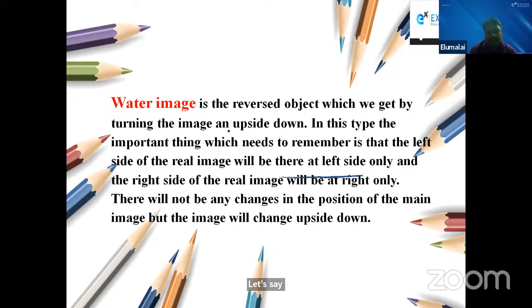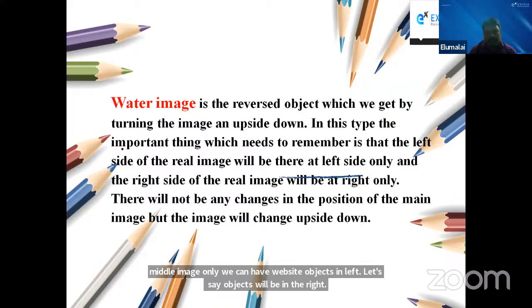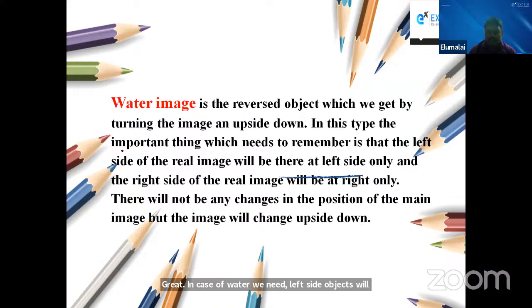Understand this difference. In mirror image, left side objects will be in right. In case of water image, left side objects will be in left side itself, right side objects will be in right side itself. There will be no changes in the position.